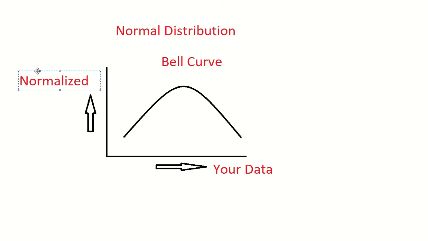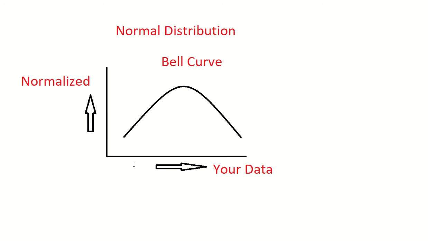Now, what are the normalized values? It is the scaled value of your data, where the scale range will be within 0 to 1. How do we find it? We will see in our subsequent discussion.